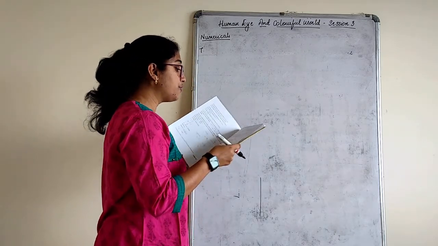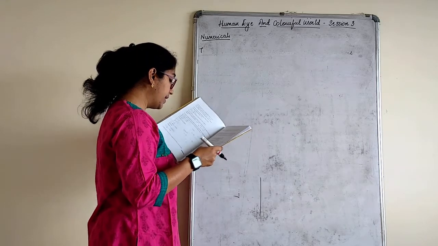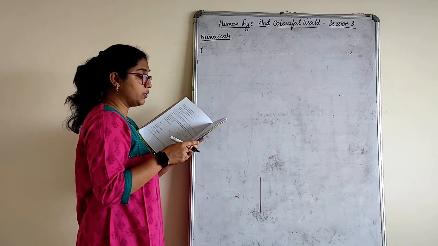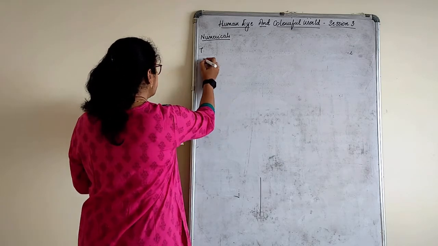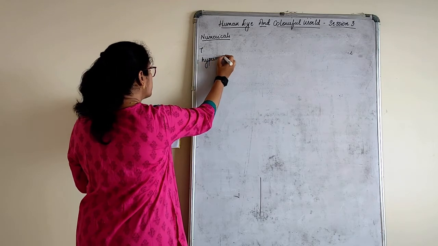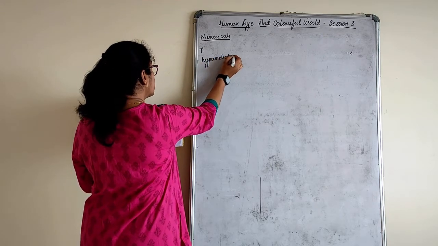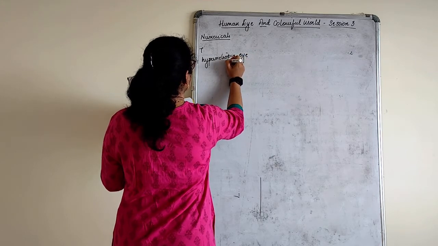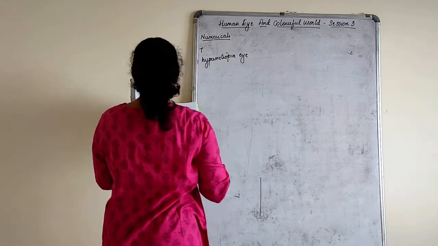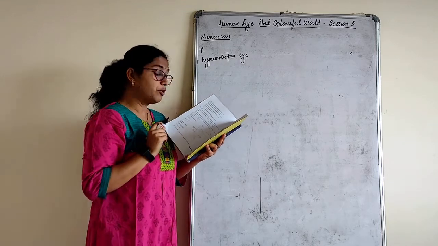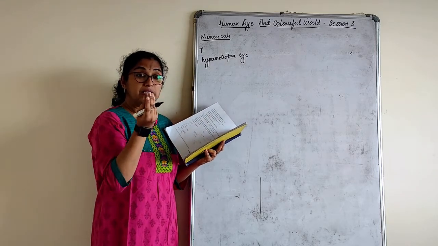The near point of a hypermetropic eye is 1 meter. What is the power of the lens required to correct this defect? So it is hypermetropia. What have they given? The near point. Near point means where the person can see.